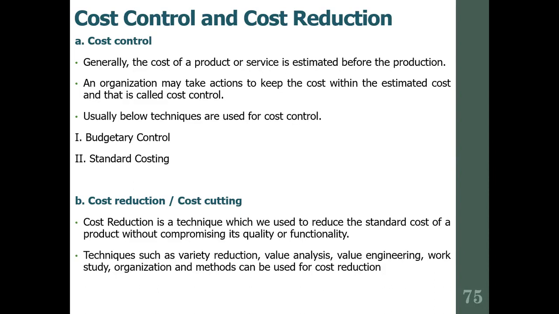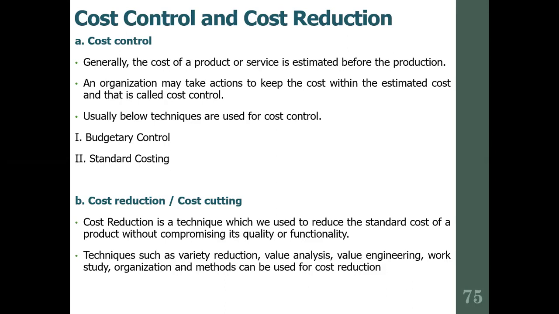So the scope, or the unit we consider, is a product, and we are trying to reduce its cost. Techniques such as variety reduction, value analysis, value engineering, work study, and organization and methods can be used for cost reduction. There are different methods available.